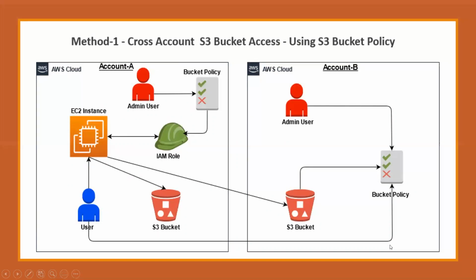In this bucket policy, we will assign the ARN of the user so that the user can access it from the EC2 instance directly. And in account A, this admin user will create a policy and one role for accessing the bucket in the same account. So this is for the same account, and the other thing we are doing is for accessing the other account.